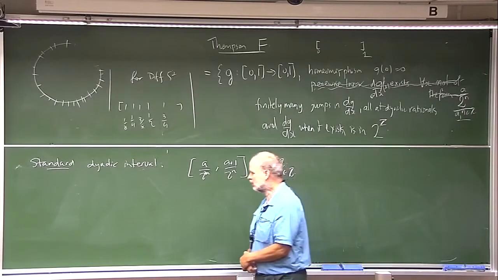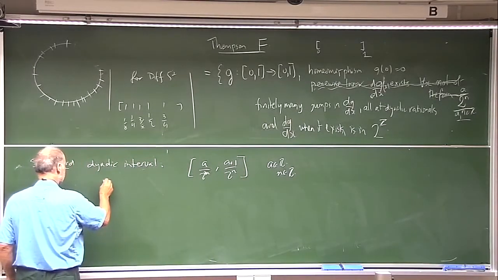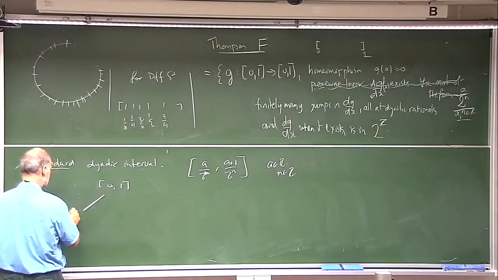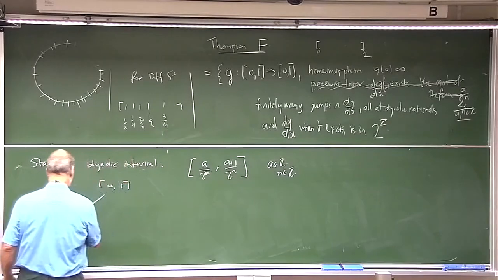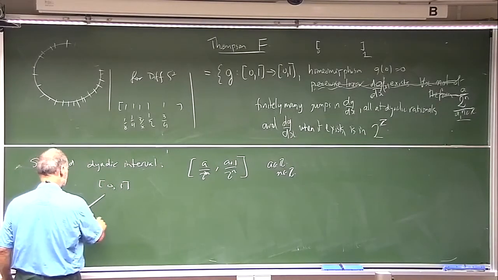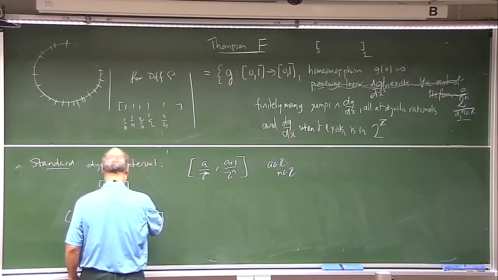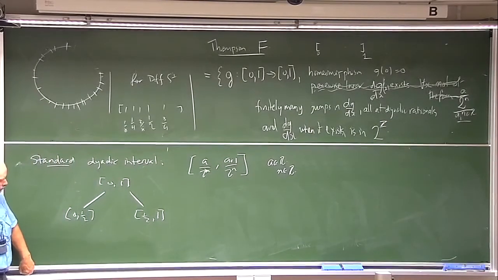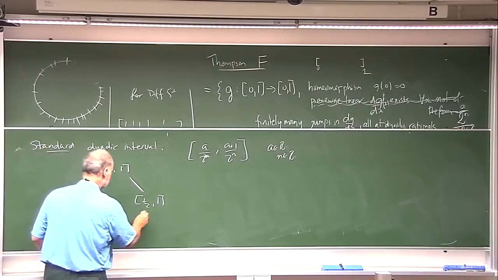In fact, let's enumerate all of the standard dyadic intervals. So the first one is [0,1] itself. Then the second level, if n is equal to 2, there's exactly two of them. The first one is [0,1/2]. The second one is [1/2,1]. And then you keep on going, right?